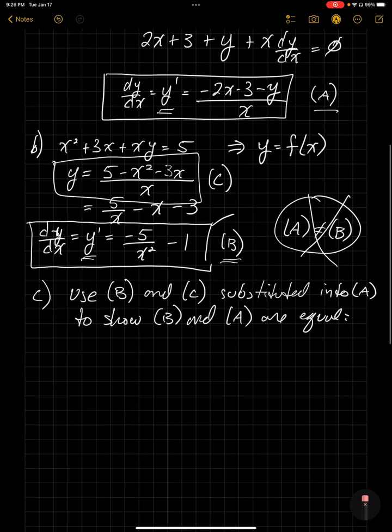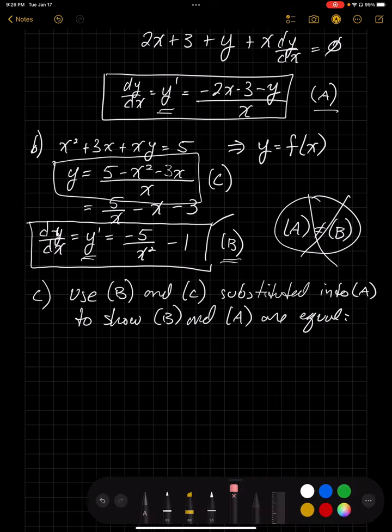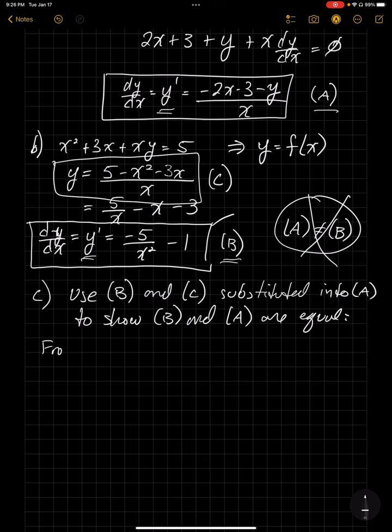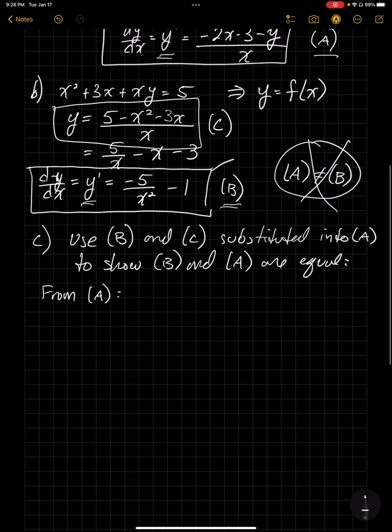Okay, and so what we get, if we do this correctly now, is from part A, right? So from A, we have that dy by dx is equal to negative 2x minus 3 minus y all over x.